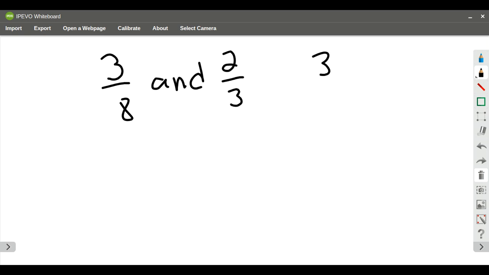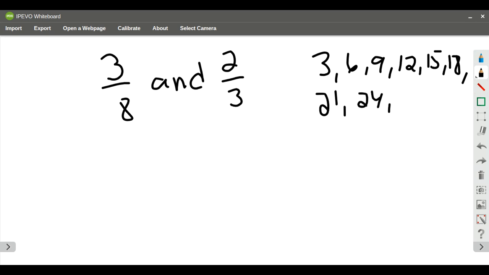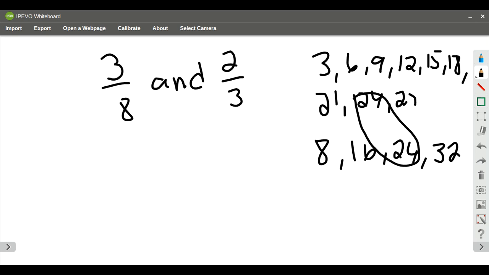So if I did 3, 6, 9, 12, 15, 18, I'm going to go a little bit bigger because I know 8 is a larger number. So 18, 21, 24, 27. And then I'll list out my multiples of 8. So I have 8, 16, 24, 32. The value that I have in common is 24. So 24 is my least common denominator.